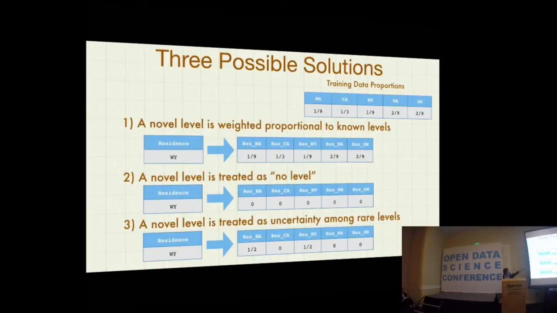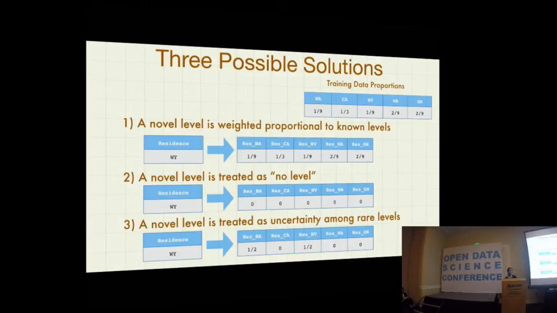Basically, instead of having 0 or 1 in those columns, we're just going to have a fraction that represents the training data proportions. This is kind of the analogy to putting in the mean value in a numerical variable. We don't know which level this is, so we're going to assume that it's all of them. It's also kind of analogous to assuming that the novel level is actually a transcription error. So it's something that we have seen, we just don't know which.